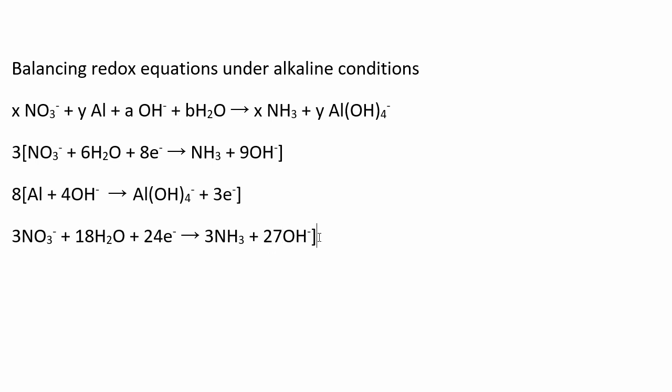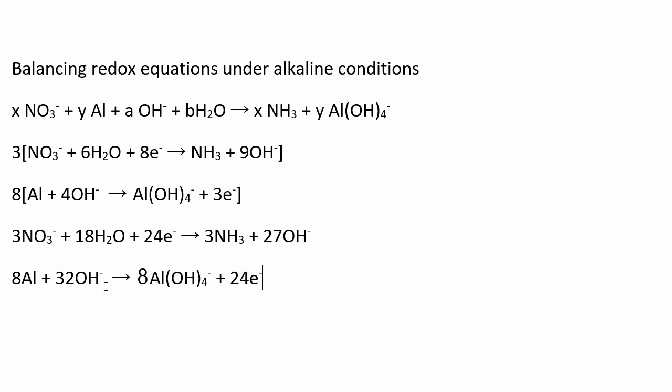That's a horrible looking half equation, but that's the way it is. And the next one we need to multiply out as well, the aluminium half equation. So we've got 8Al, now 8 4s are 32 OH minus, 8 aluminium oxides, and 24 electrons.